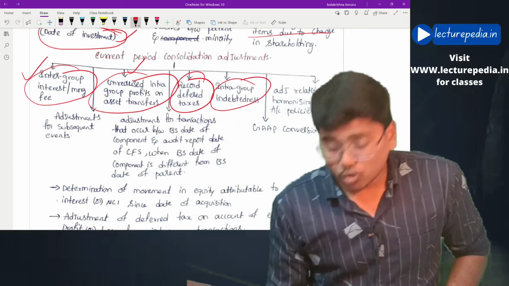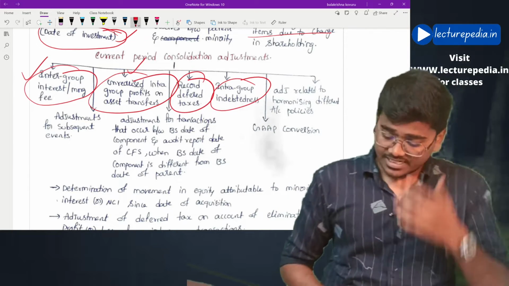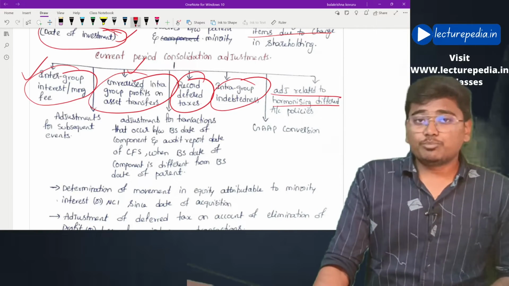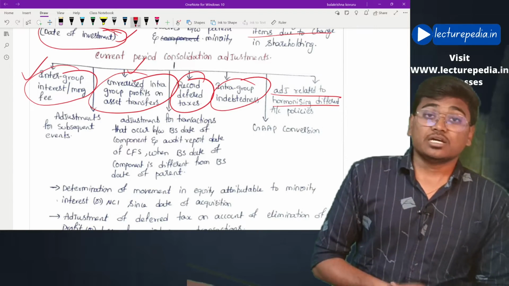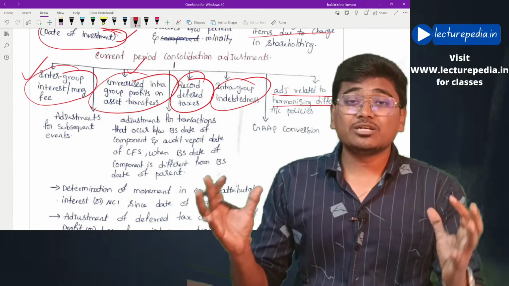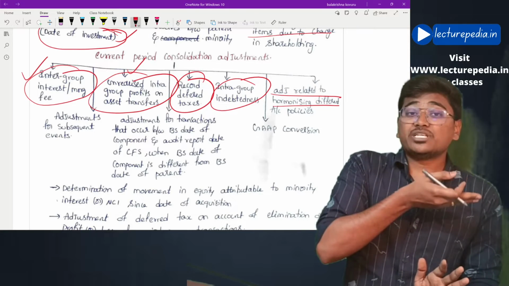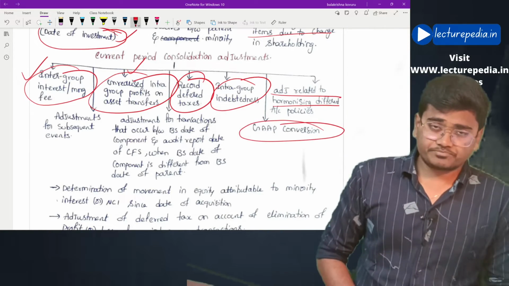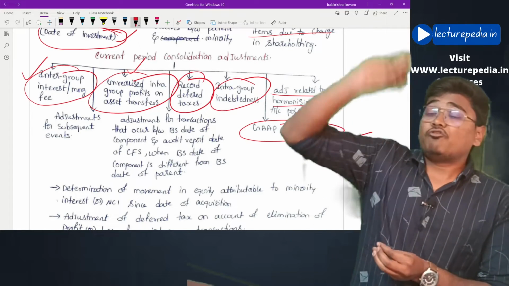And intra-group indebtedness will also be offset. Next, adjustment related to harmonizing different accounting policies. If the components are following different accounting policies, then you have to harmonize the accounting policies of all the components to the accounting policy being followed by the parent entity. In the same way, GAAP conversions. This GAAP conversion will be relevant to the foreign subsidiary.